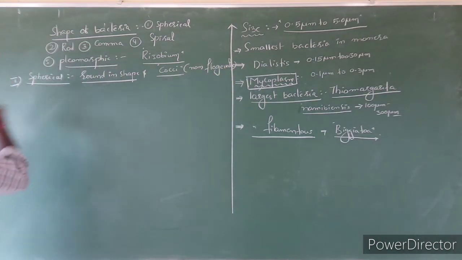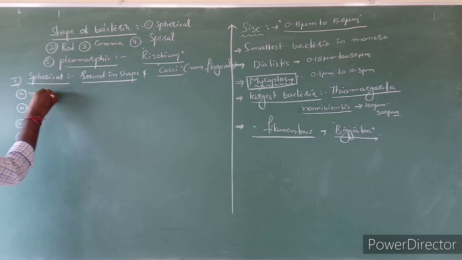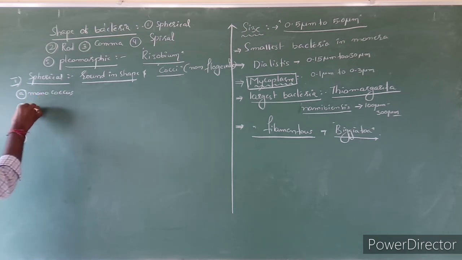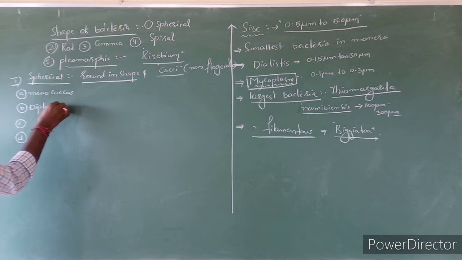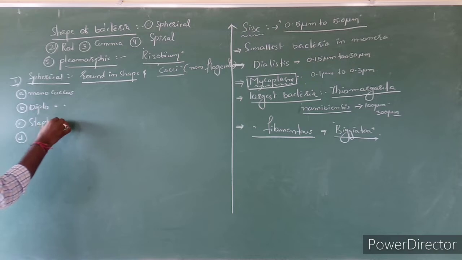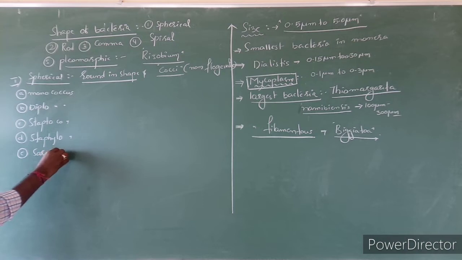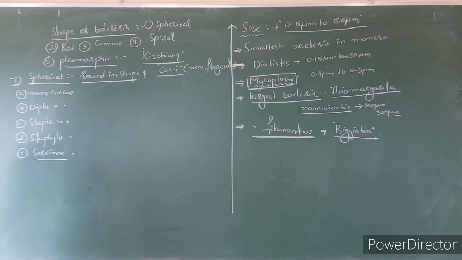So this spherical bacteria, nothing but cocci bacteria, is again divided into further types: Monococcus, Diplococcus, Streptococcus, Staphylococcus, and the last one is Sarcina coccus. These are the further types of spherical shape.